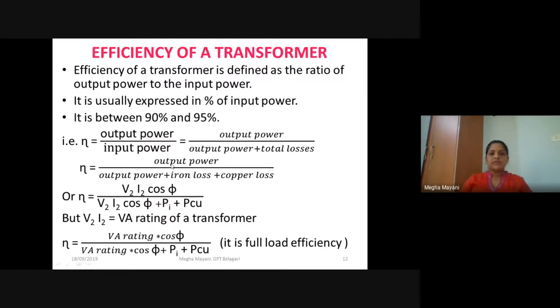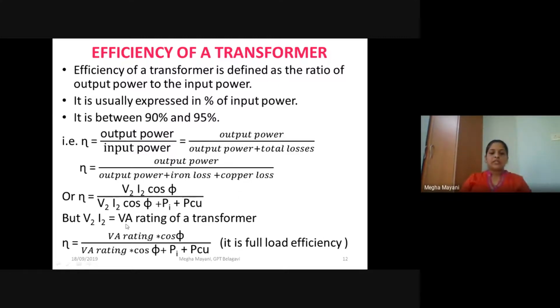We can substitute the expression for output power. If V2, I2 are the voltage and current at the secondary, then we have output power as V2 I2 cos phi. And iron loss I can represent as P subscript I, and similarly copper loss as PCU.